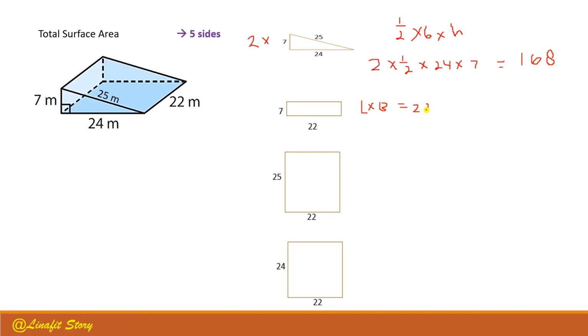So this is 22 times 7 is equal to 154. 22 times 25 is equal to 550, and the last one, 22 times 24 is equal to 528. So the total surface area is 168 plus 154 plus 550 plus 528 is equal to 1,400 square meters.